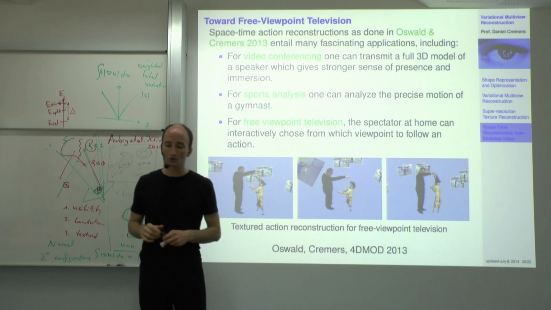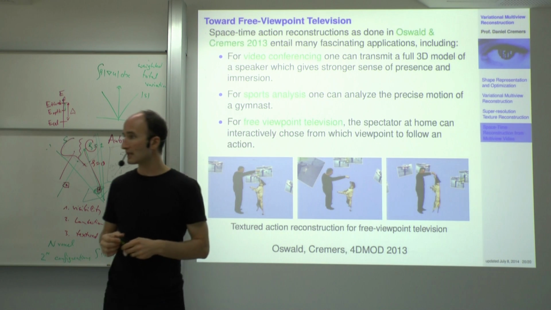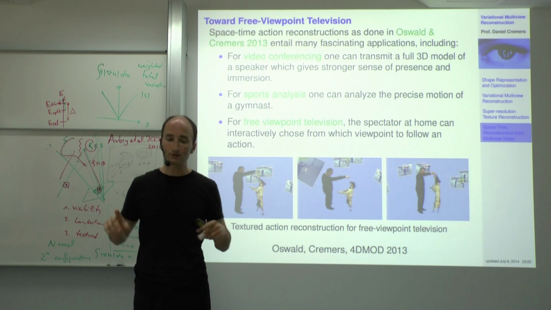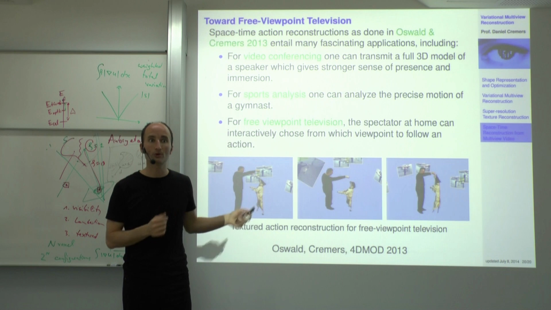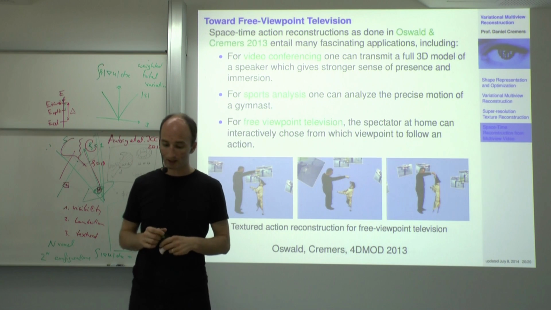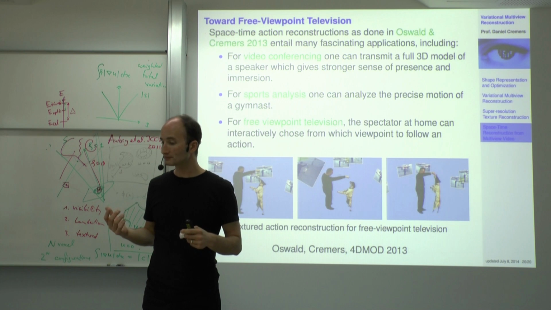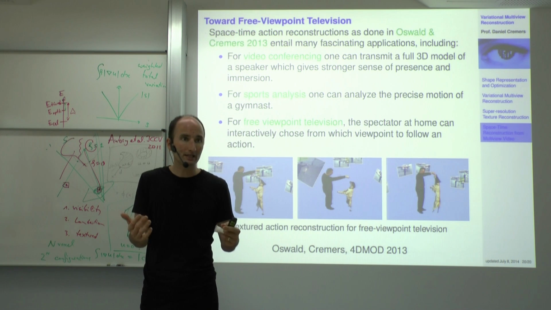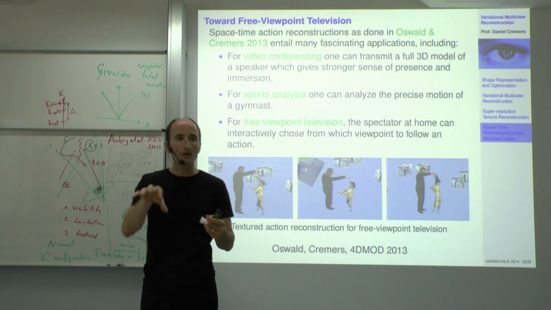The next thing you can do with these space-time reconstructions of geometry is use them for sports analysis. For example, if you have professional athletes, maybe a little more professional than the little boy and the girl here in these images, you can recover the action over time, and then you can sit down at the PC and basically look at this action from different viewpoints.